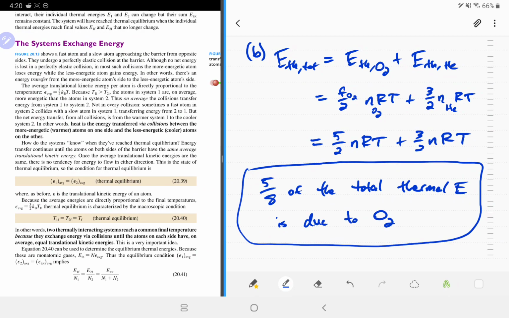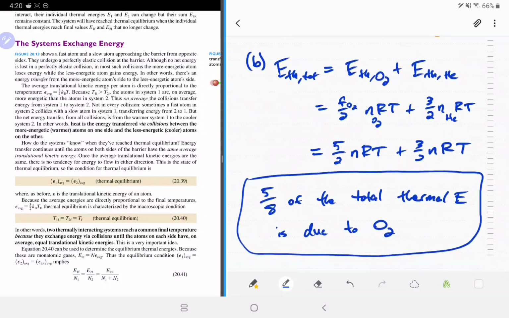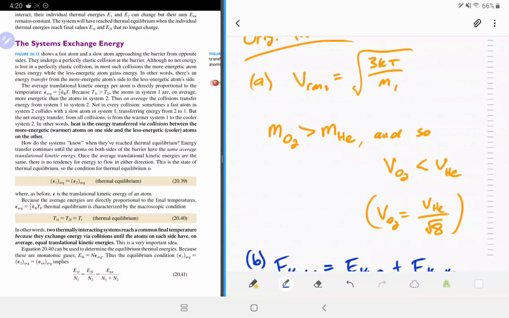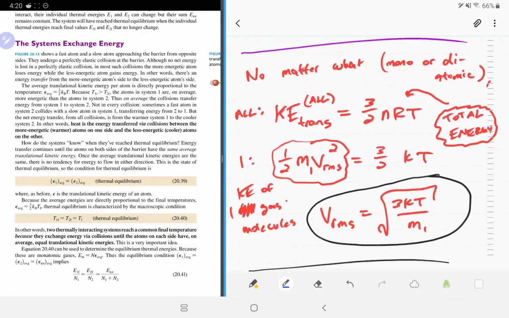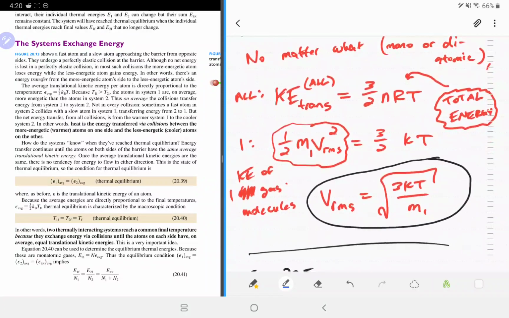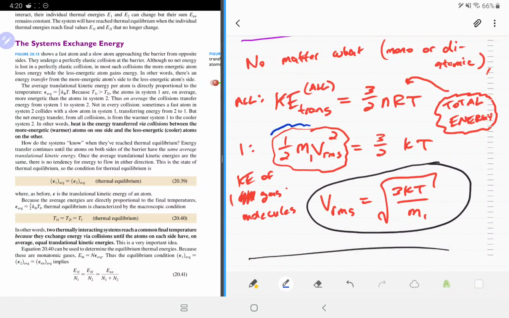So notice how the mass of the oxygen has no role here, even though the mass of the oxygen is greater, and that has something to do with how fast it's going. This fact right here, so if I look at this one right here, this is going to be the same for both the oxygen and the helium.